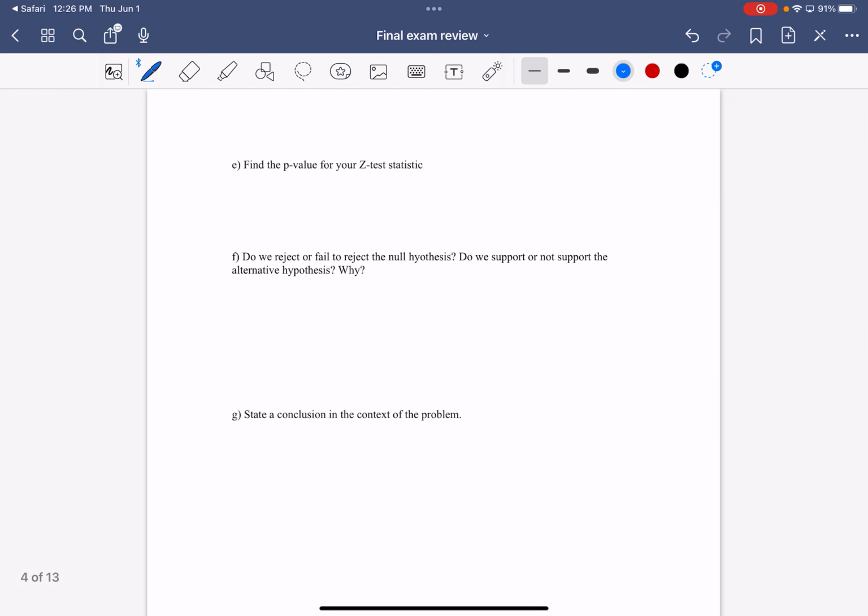Next page, find the p-value. So p-value equals, and actually, I forgot that the p-value is listed on your formula sheet as well, right underneath the z-score. On the first formula sheet, under hypothesis testing, we did standard error, then z-score, and just below that it says p-value. It's reminding you what function to use in your calculator: the normal CDF.